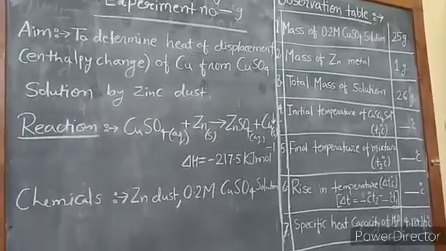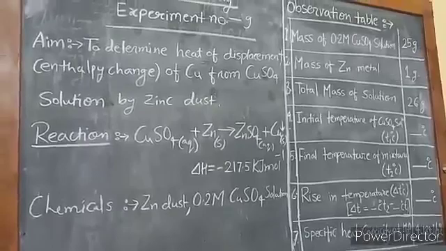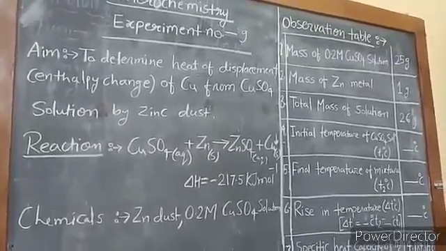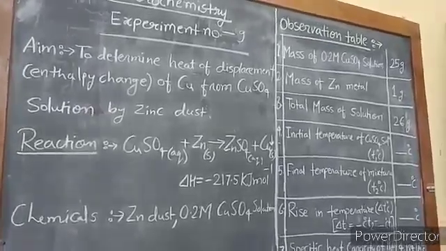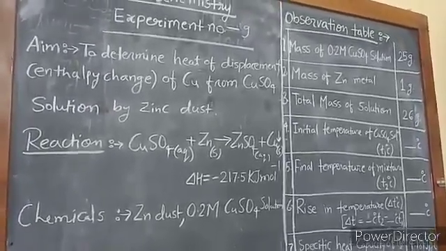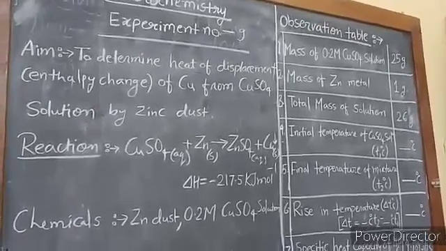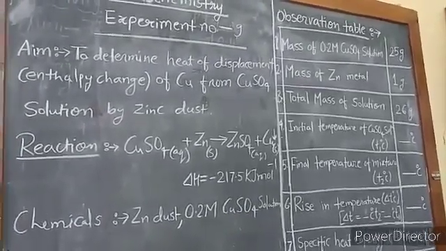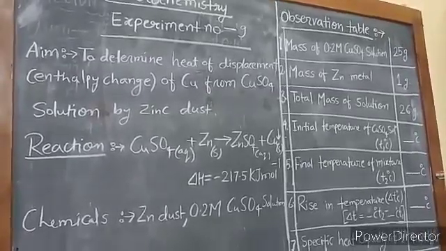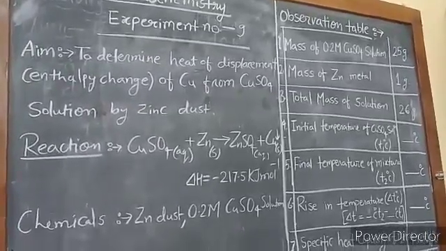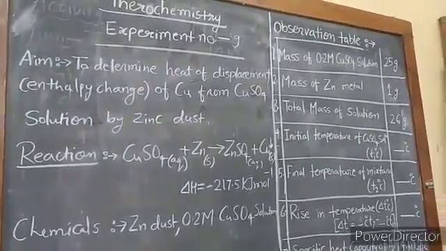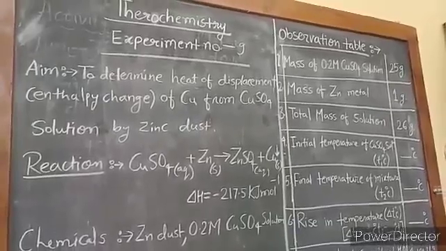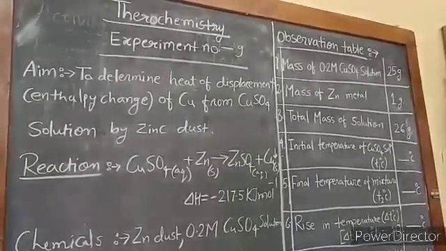According to the electrochemical series, the elements situated on the lower side of the series can displace the elements from their solution which are present in the upper part of the series. Those elements having lower standard electrode potential can displace the elements with higher standard electrode potential from their solution.